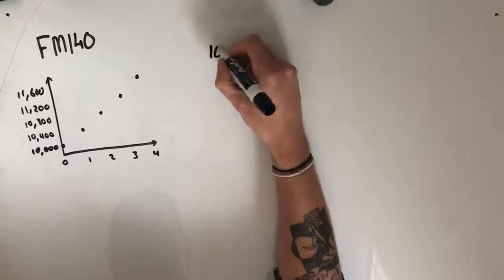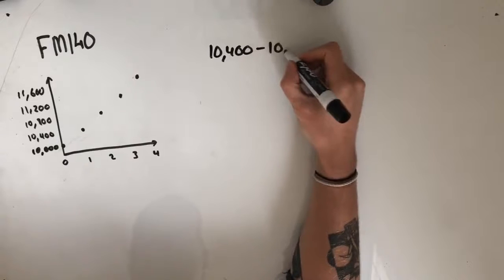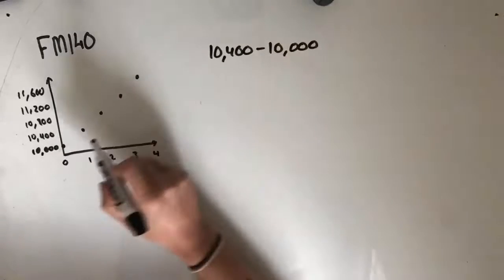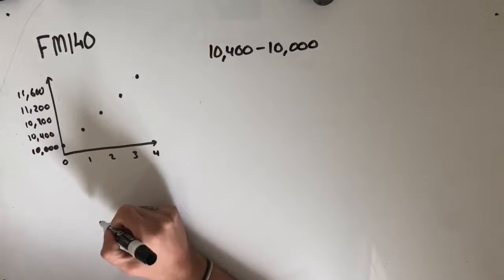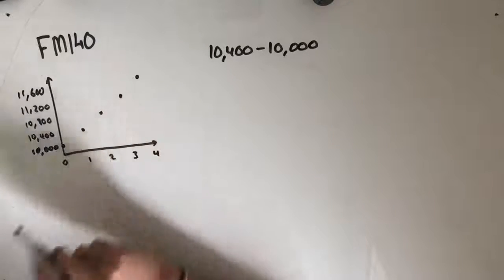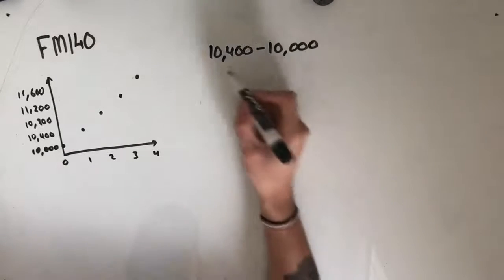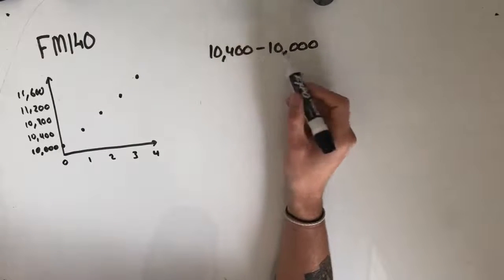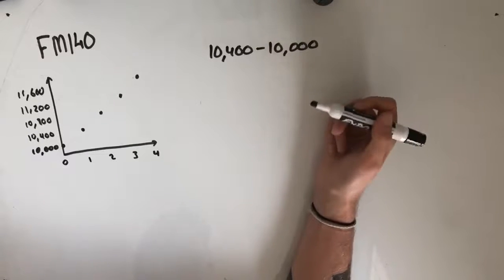So if we take our 10,400 and minus 10,000, so we're looking at these 2 points here. After 1 year, he's got $10,400, but when he initially invested, he invested $10,000, which means that minusing 10,000 from 10,400 will leave us with just the interest that he earned in that year.